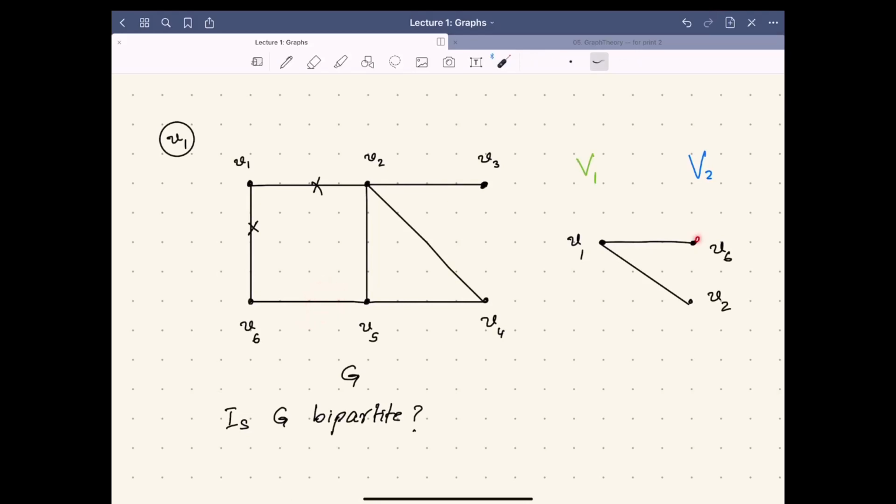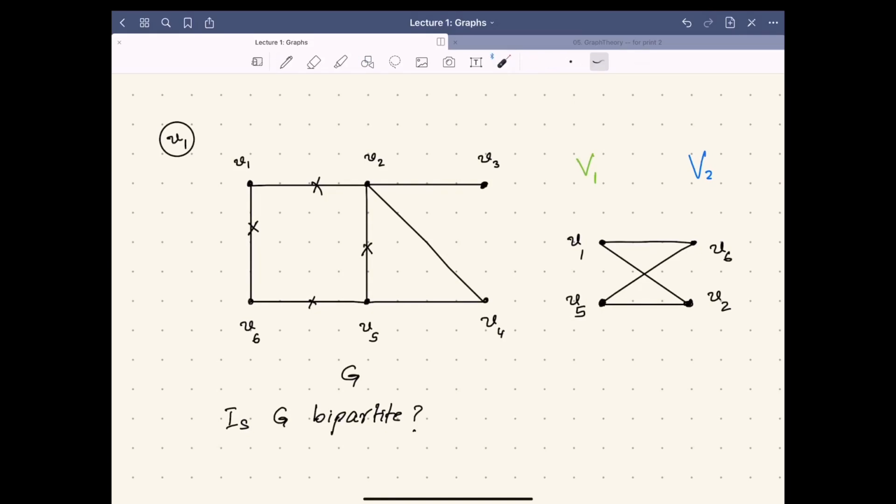Since V6 and V2 are in one set, we will put V5 with V1, and we draw an edge between them. And now we are covering this edge. Now V2 and V5, which is for this edge, also we can draw them since they are on different sets. So this is also covered.